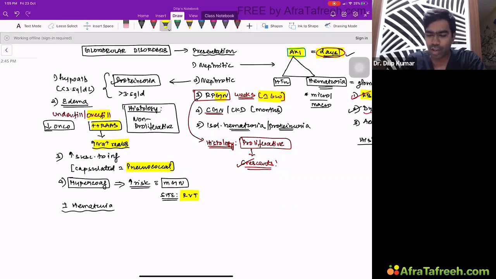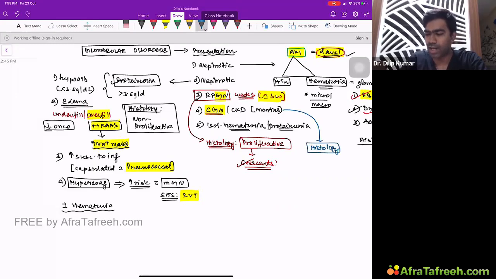On the other hand, as far as chronic glomerulonephritis is concerned, you know how it will present. If you take the histology of chronic glomerulonephritis, it depends on the underlying pathology, but more often they are going to come with glomerular sclerosis.